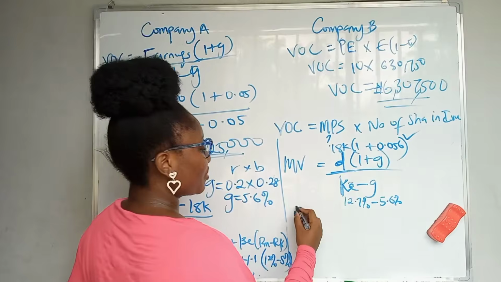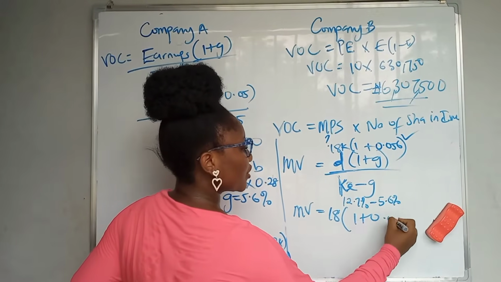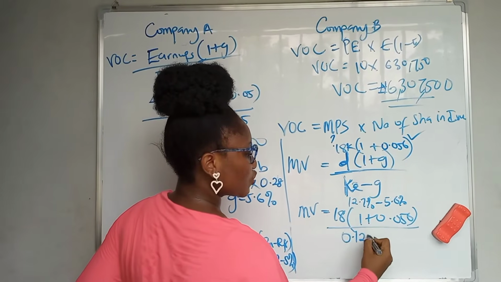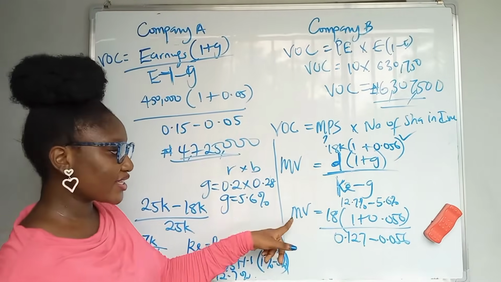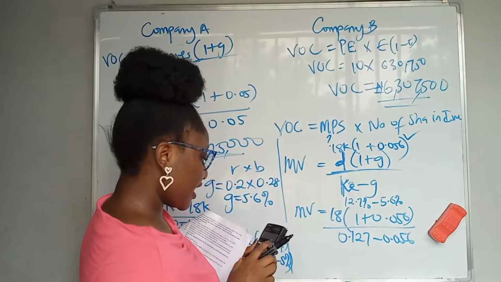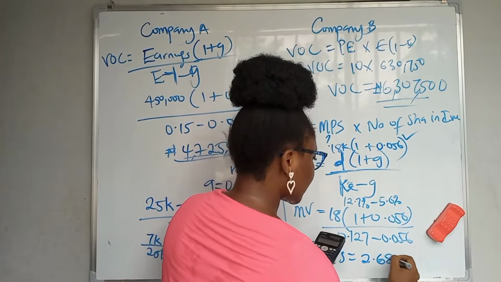Let's write it out very well. Market value equals 18 kobo into 1 plus 0.056 over cost of equity 0.127 minus 0.056. And that's how you get your market value, your market price per share. Okay, and that's going to give you your market price per share to be 2.68. Can you see?